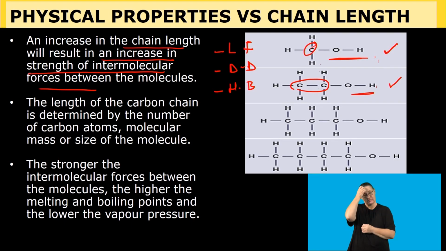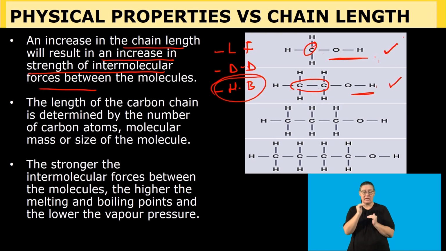Now, looking at these two, they are both alcohols, both belonging to the same homologous series. So as we are increasing the chain length, the strength of the intermolecular force is also going to increase. It is still the same because the prevalent one here is our hydrogen bond.